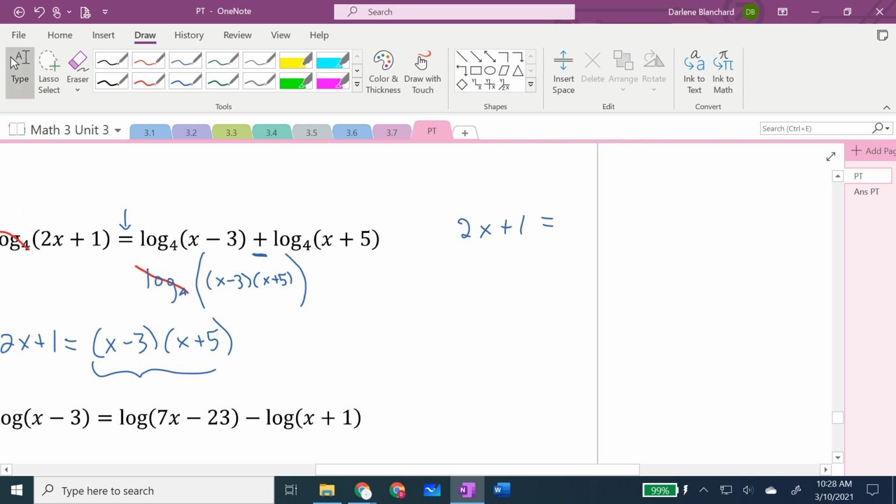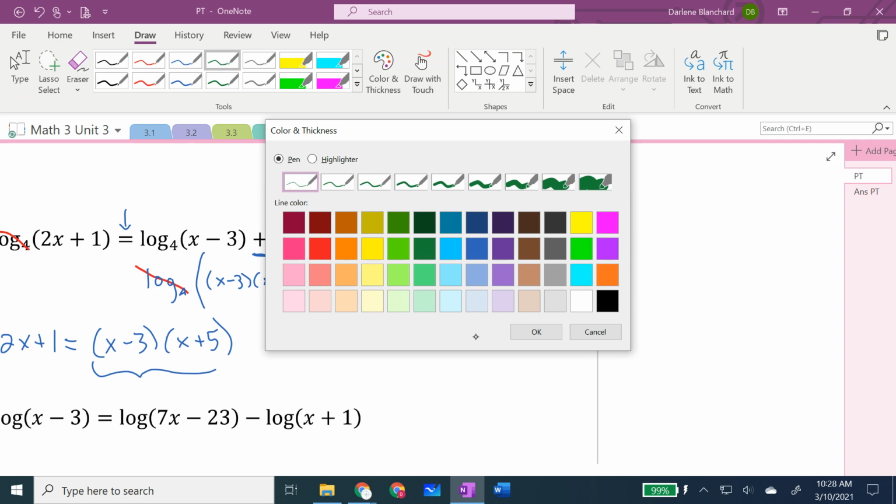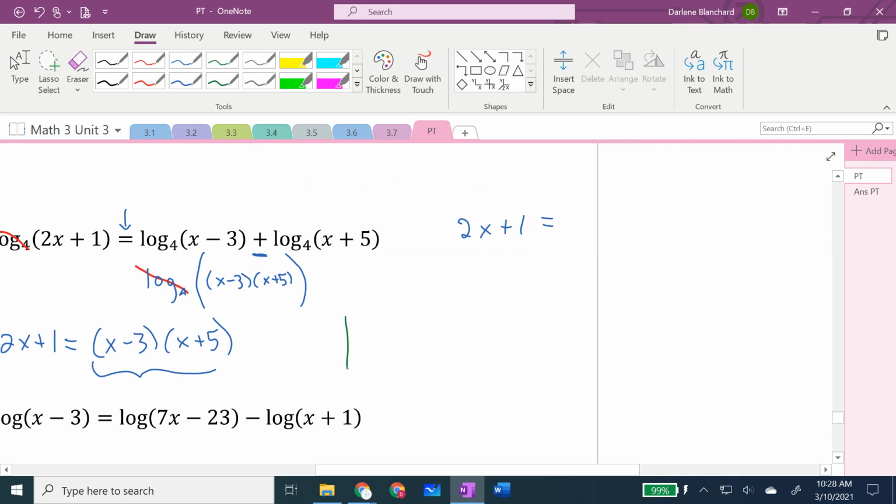And you can always use box multiplication, so I'm going to go ahead and just write that down to make sure that I don't lose you on that. I'm multiplying x minus 3 times x plus 5. And then when I add everything in the box, I'm getting x squared, like terms, plus 2x minus 15.